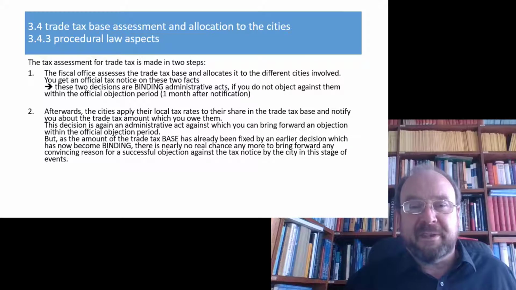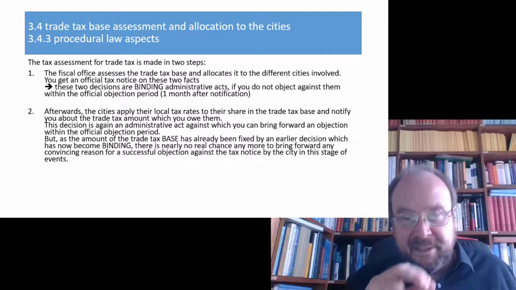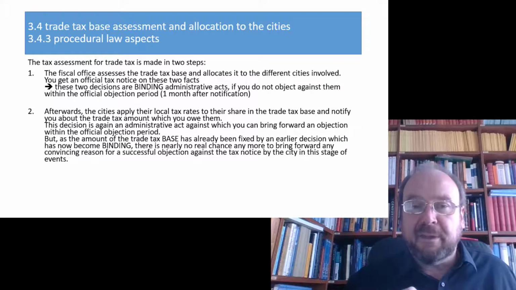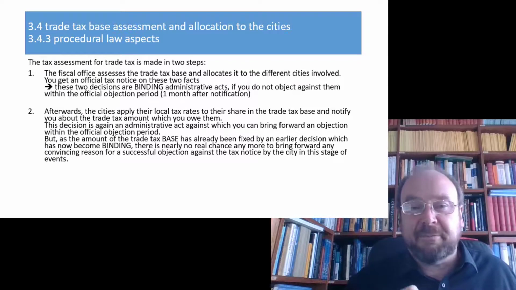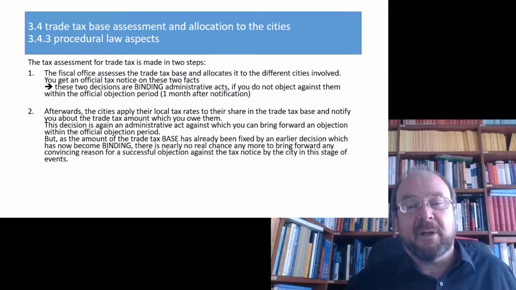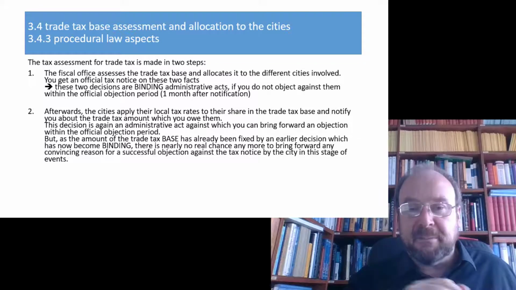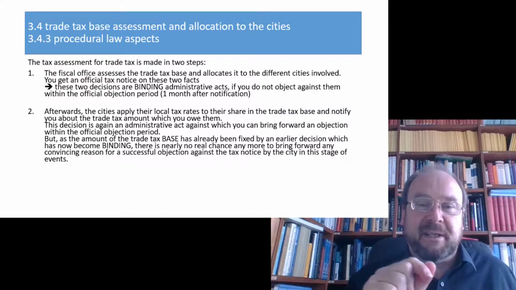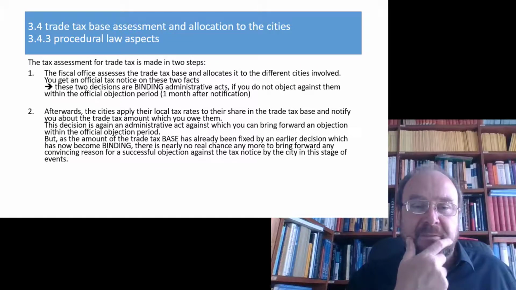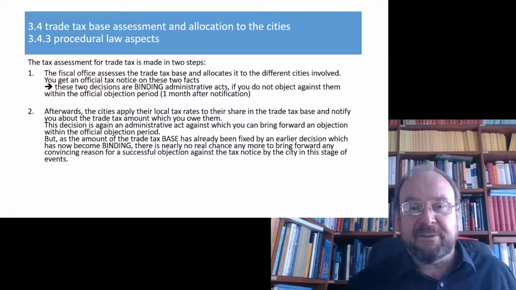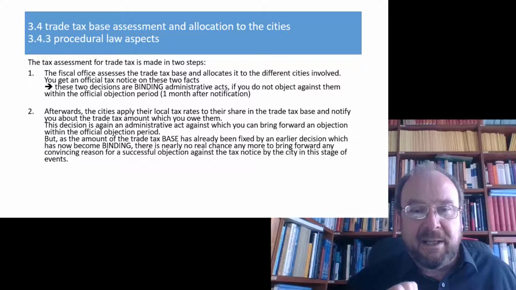So the only thing you could reproach the city is, hey, during the multiplication of your city rate with the trade tax base share which you have, you made a mistake in the multiplication, or you made a copying mistake when you copied my trade tax base. You copied it wrongly from the original tax notification. Highly improbable.